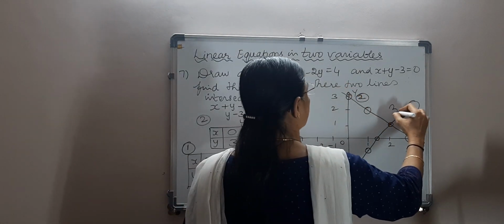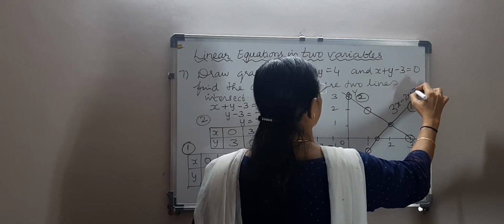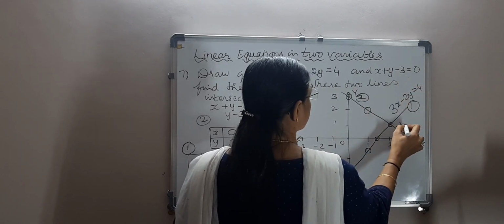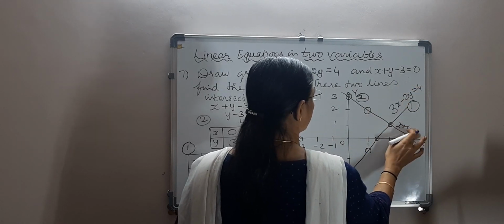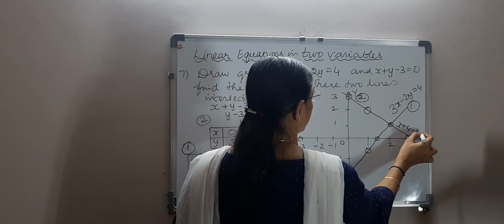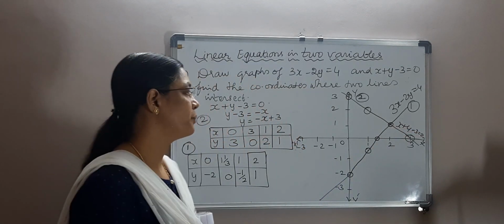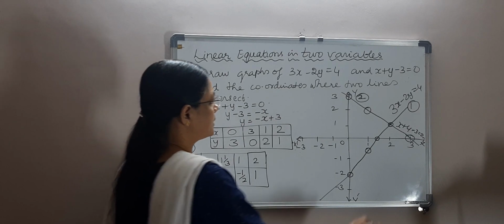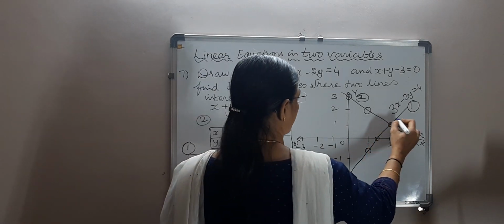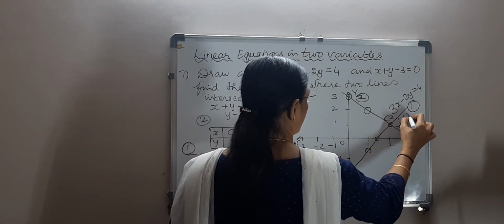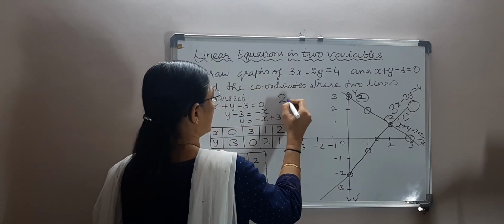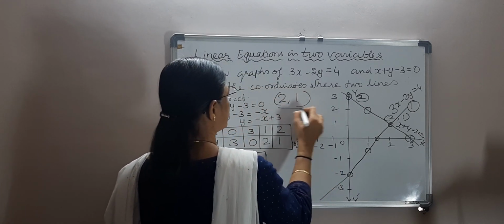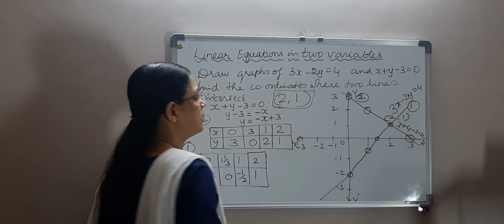This line is 3x minus 2y is equal to 4, and this line is x plus y minus 3 is equal to 0, or x plus y is equal to 3, anyway to say. So these are the two lines, and what is the intersecting point? It is 2, 1. So the coordinates where two lines meet is 2, 1.